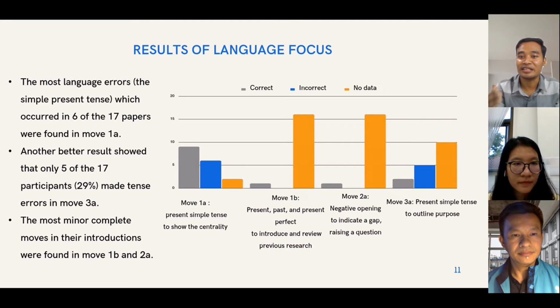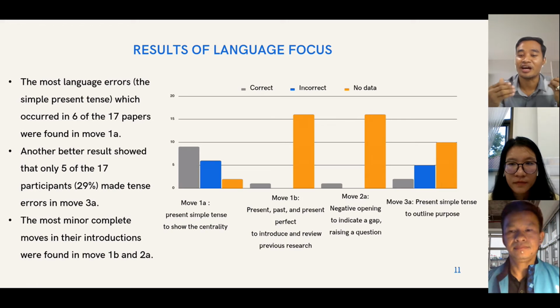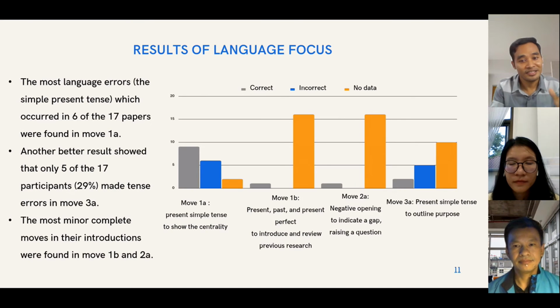As can be seen, nearly 75% of the participants made errors in tense use in the above move. This high percentage of tense errors in the move might call for some clarification.